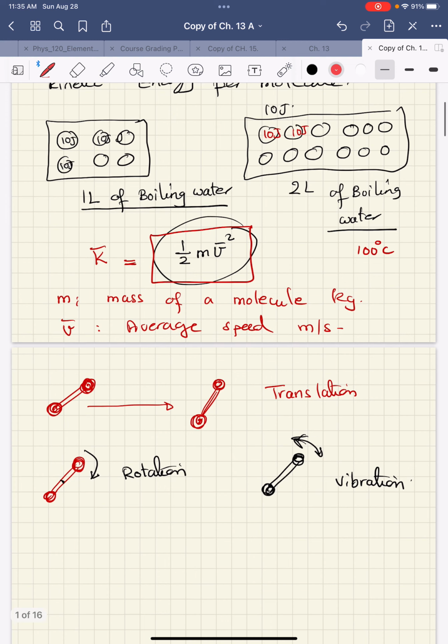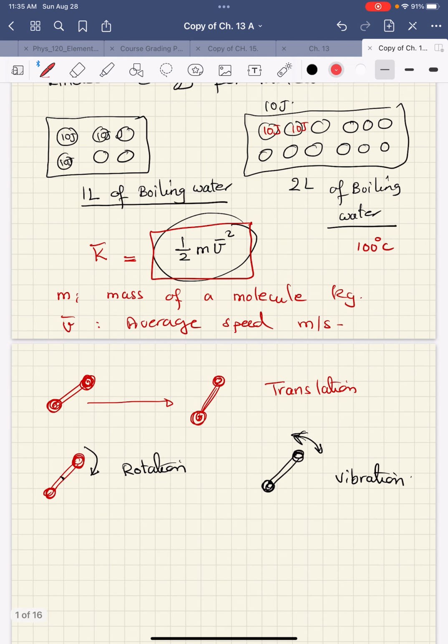One thing that we also need to know is that there are three types of motion in materials. The first one is translation, meaning moving from one place to another.